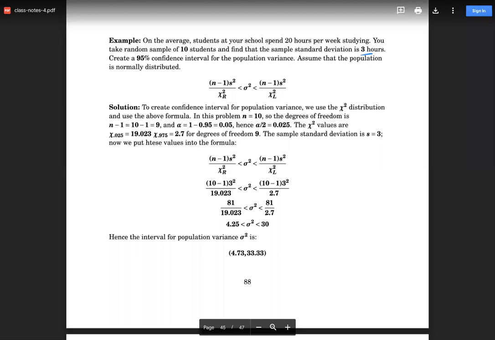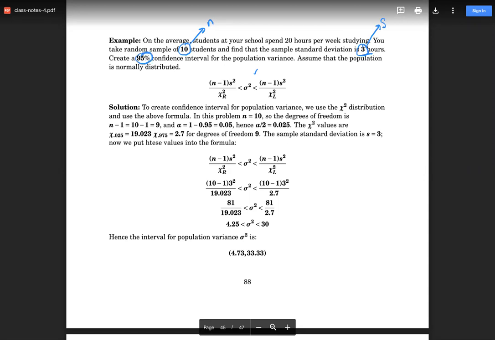Now, let's go ahead and work on it. We are going to use this formula. n is the sample size, which is 10. The sample standard deviation is s, which is 3. You need to create a 95% confidence interval.